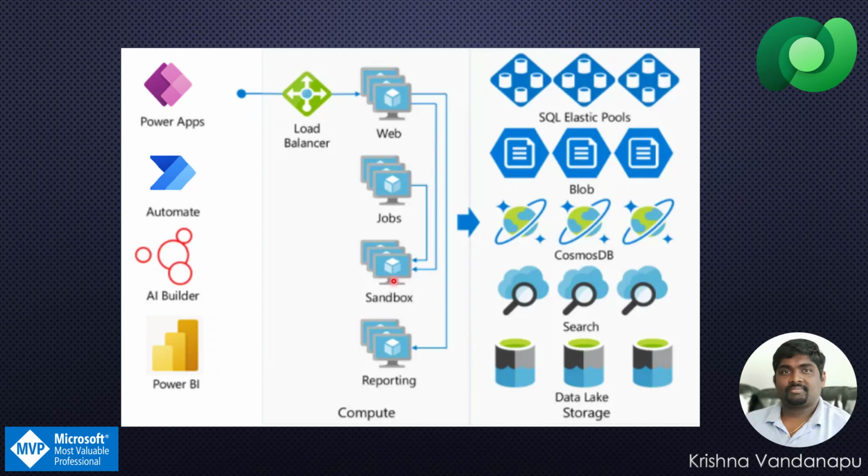Is it a sandbox call, or a reporting service call, or a job which has to be done for this particular user request? It will decide. However, when it goes to the particular web front end, it uses the database behind the scenes.